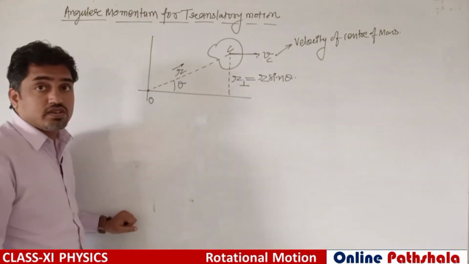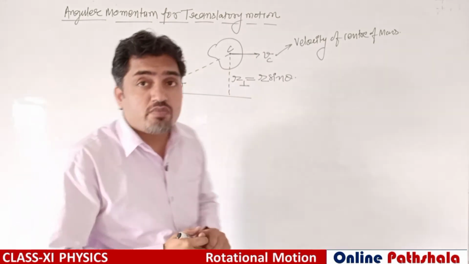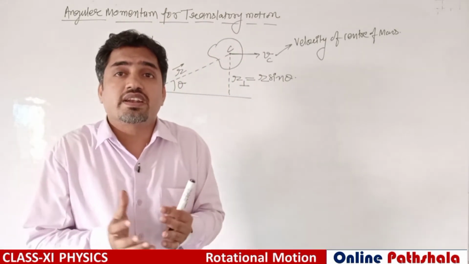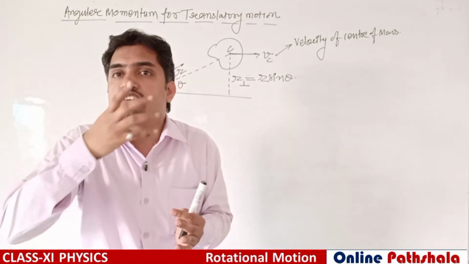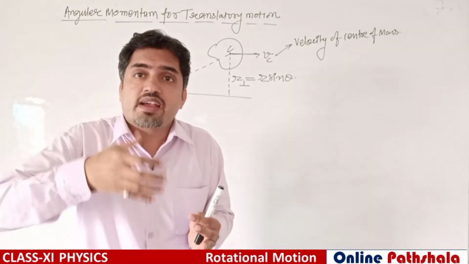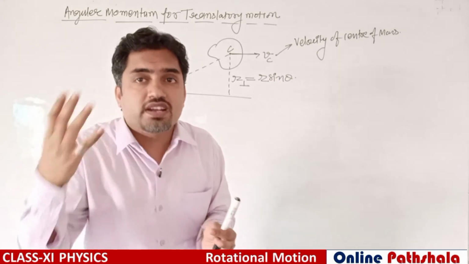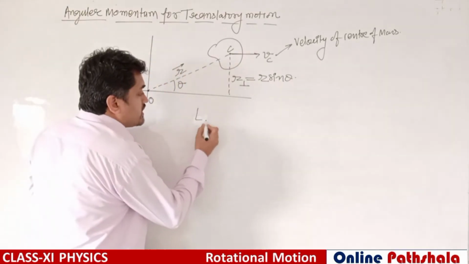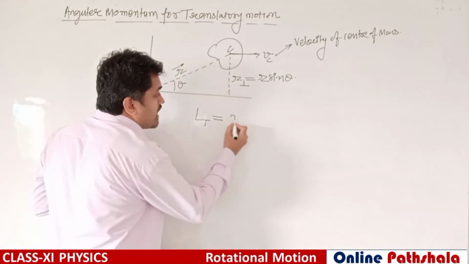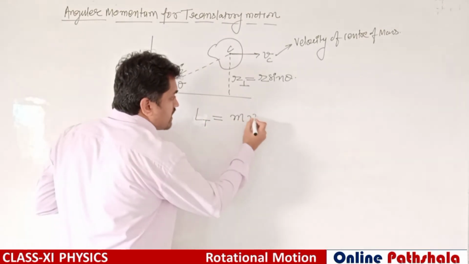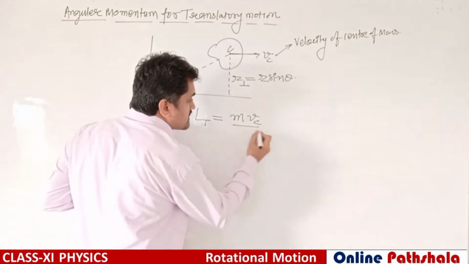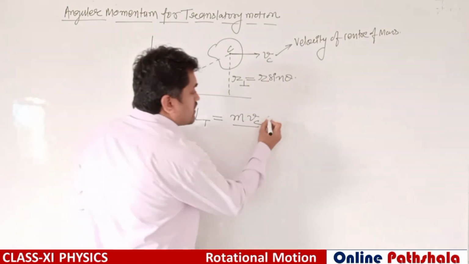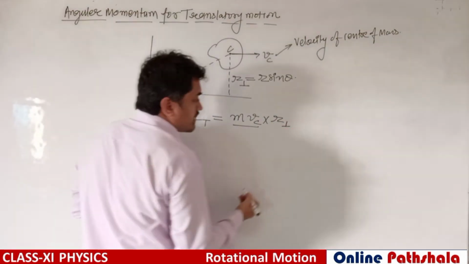So in translatory motion, what can we consider? We can consider the whole body concentrated at a single point, which is the center of mass. So we have to take angular momentum of the center of mass in the translatory motion. The angular momentum for the translatory motion is mass of the body, its velocity Vc, the linear momentum, into the perpendicular distance r perpendicular.